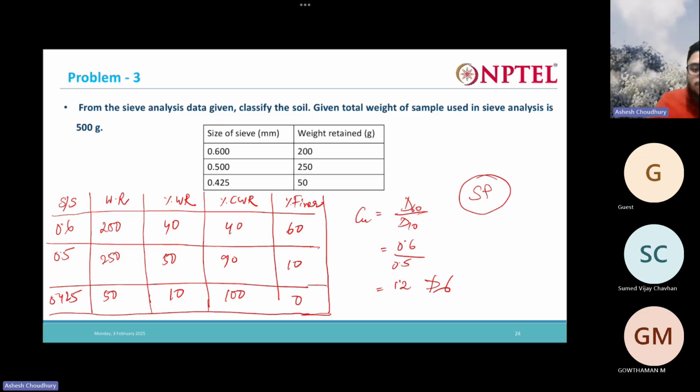As the soil is coarse, soil is obviously sand, because 100% is smaller than 4.75 mm. Now next you have to decide whether it's well graded or poorly graded. For that we calculate the CU, and CU is definitely not greater than 6, so that's why we decided the soil is poorly graded.